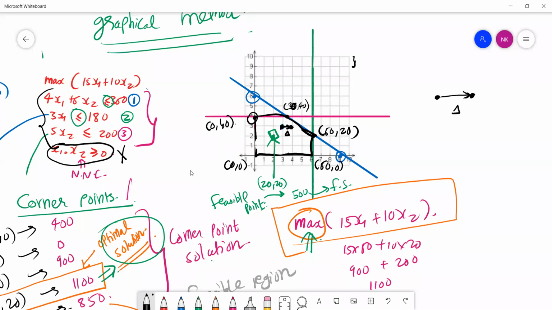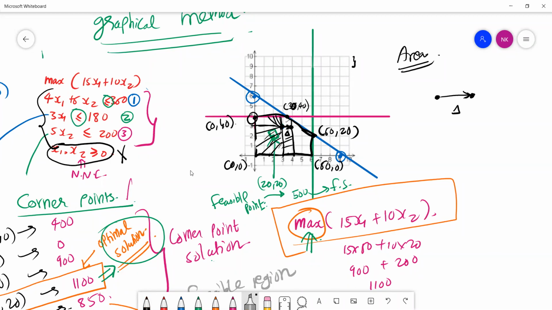Now the word area is really important over here. The area bounded by the initial point was this much in terms of the feasible region. Now we are moving to the right side, and that is the reason my area is increased by this factor.